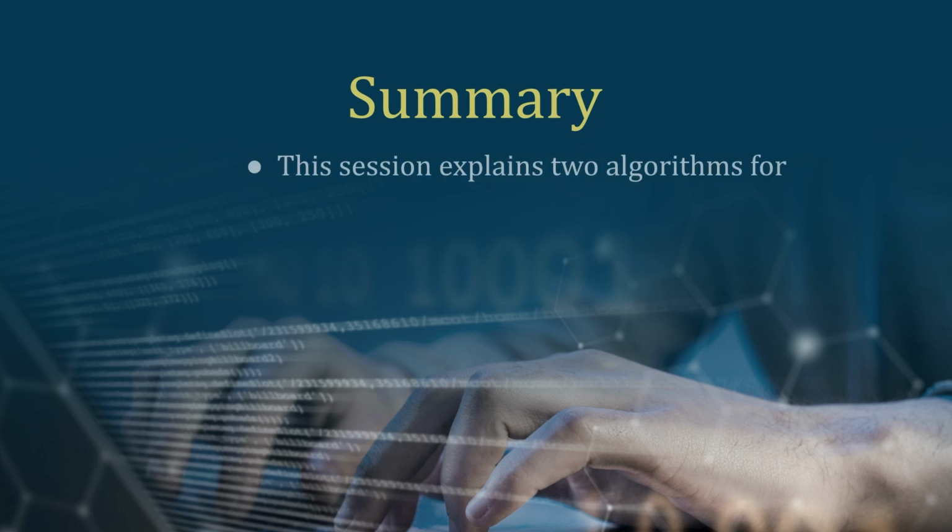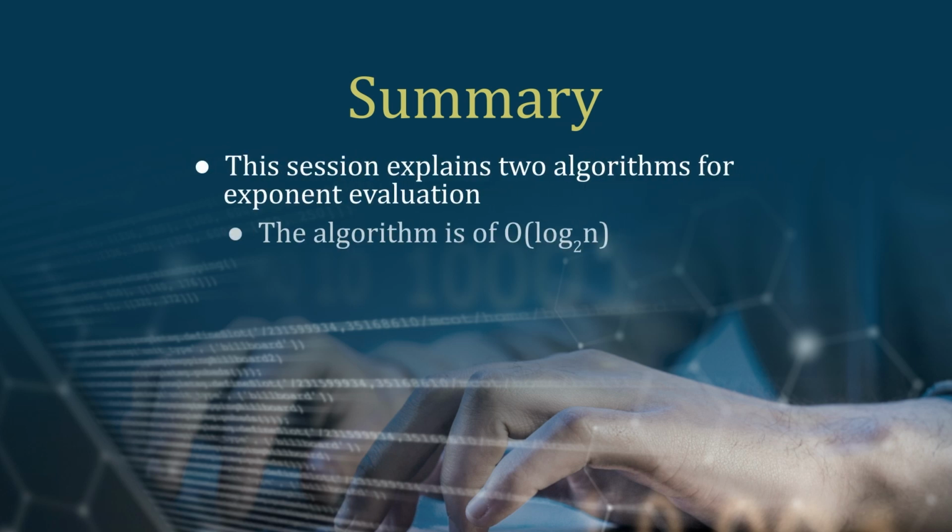So what we have covered in this session is the exponent evaluation algorithm, which has an efficiency of log 2n. And if you utilize a brute force algorithm, the efficiency is of order n. And this particular algorithm is giving you order log 2n.